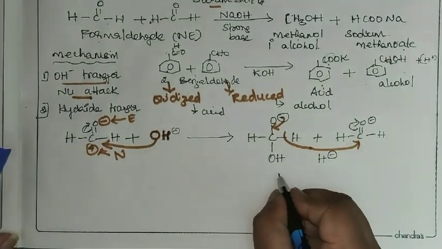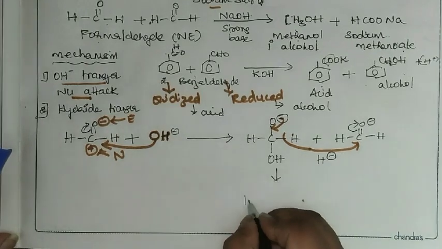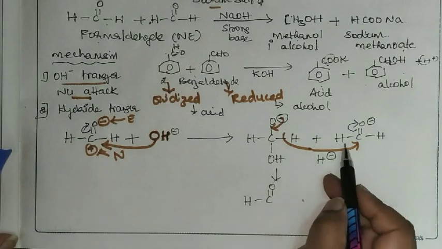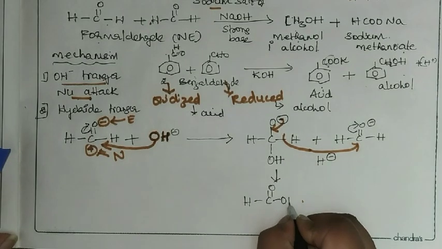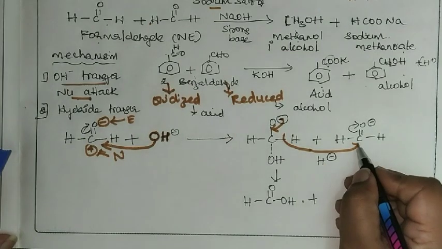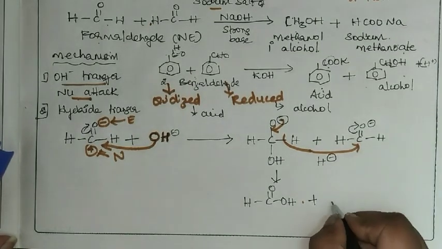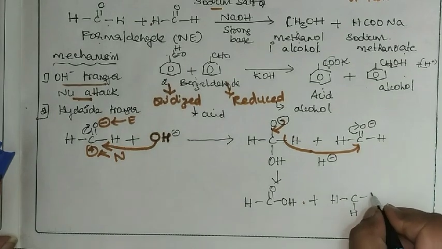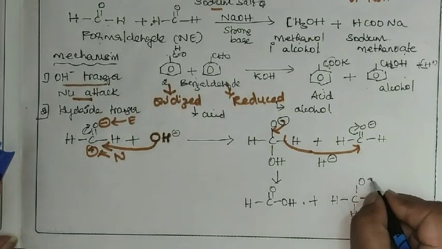Finally you will get HCOOH, that is acid, and here the hydride is transferred to another molecule of aldehyde, so we will get CH3O minus.